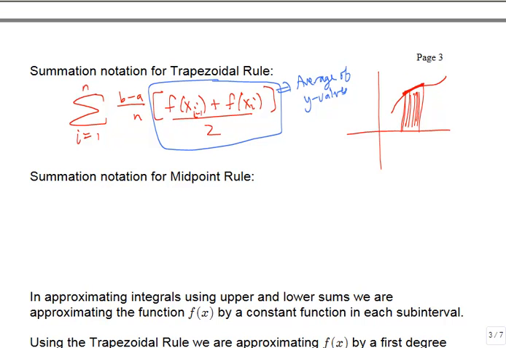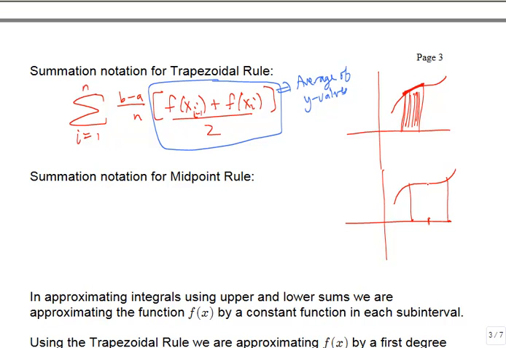Okay? Now if we think about what the midpoint rule does, if you have your curve like this and you have a left endpoint and a right endpoint, what the midpoint does is it doesn't take the y values and average them. It's going to actually take the x values and average them. So it looks at this x and it takes the average of the two, which is going to be right in the middle.